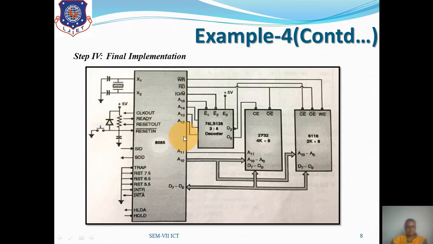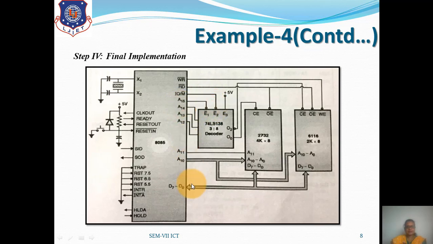So this is the final implementation of that example. Now in this example you can see the rest is all the same on the left hand side. Now in this what we have done is we have taken a 74LS138 decoder, right? In this decoder we have given the IO/M bar signal, right?